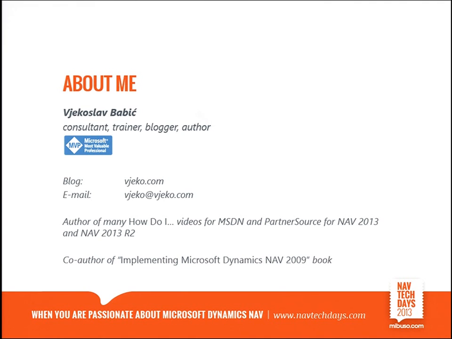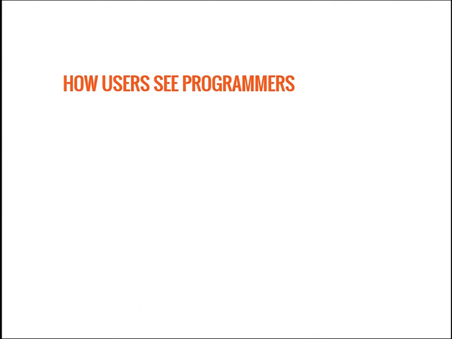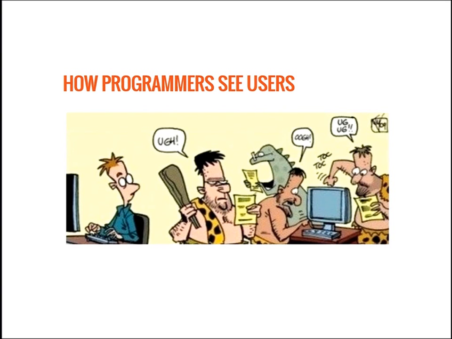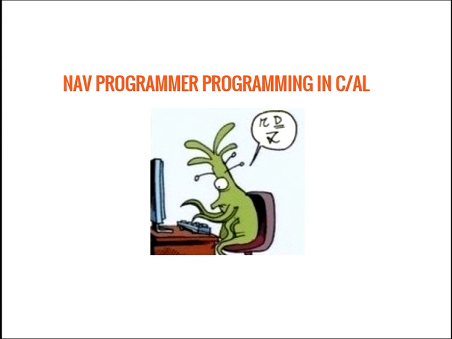Let me start by just giving a couple of visual examples. This is how users see programmers, right? We are some kind of aliens typing off at keyboards, and nobody understands what that is. And this is how we see users. And now, when we are actually coding in C/AL, this is how we feel.